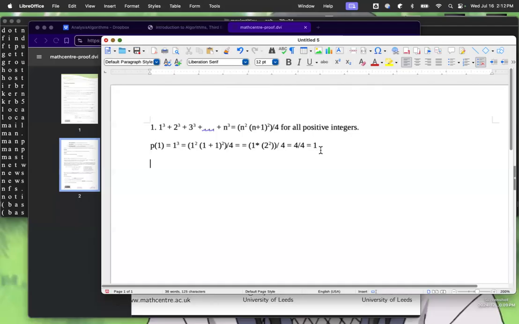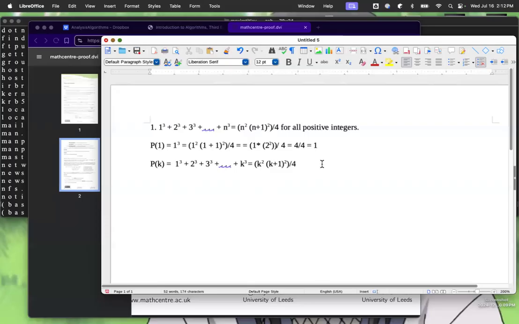Now, if there were a P of K step, it would look as follows. P of K equals, all right, so that's just the statement P of K. Now we're going to have to show that P of K is true.